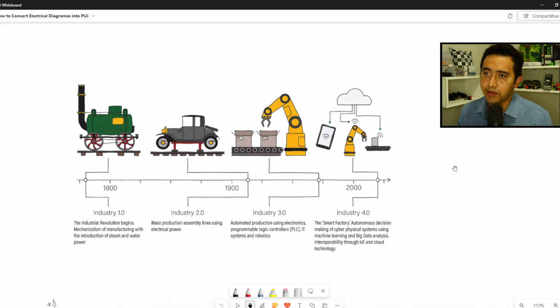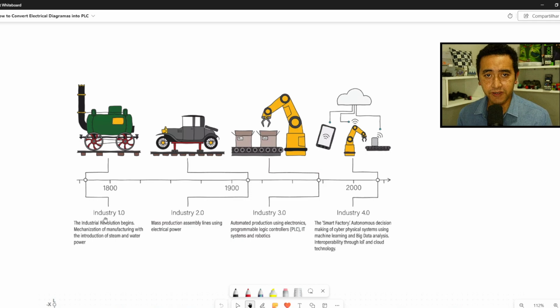If you go back to the 1800s, we have the first industrial revolution, Industrial Revolution 1.0.